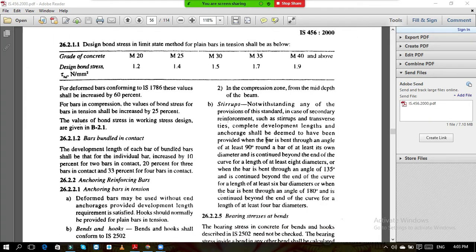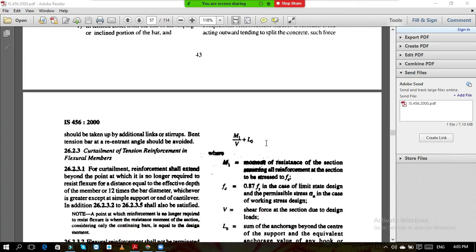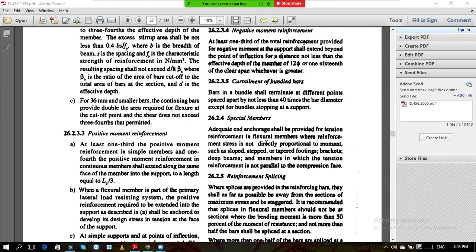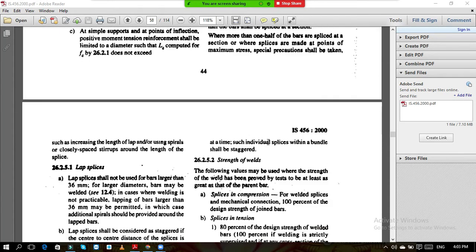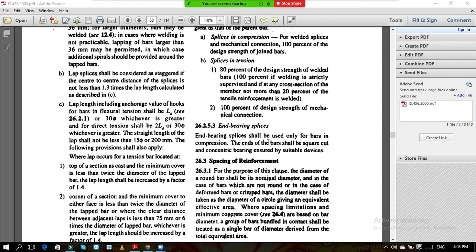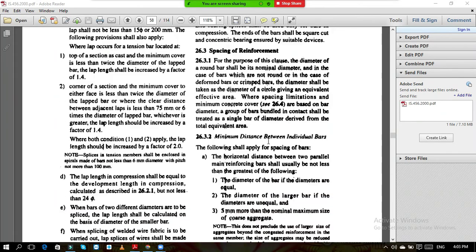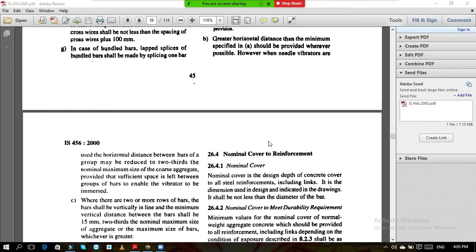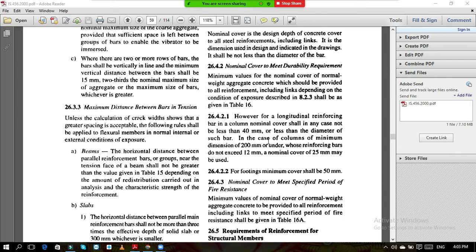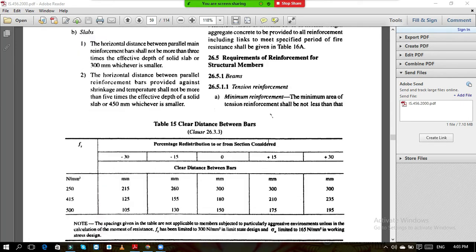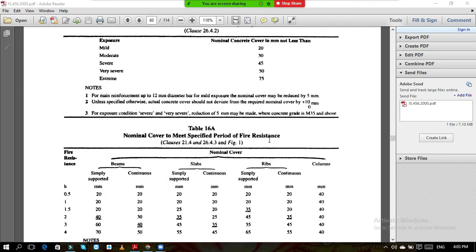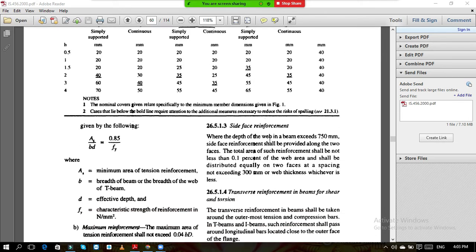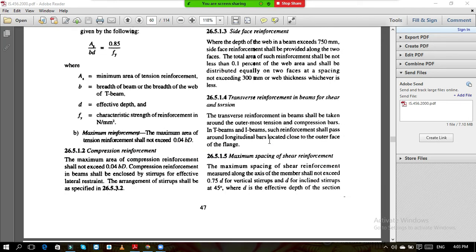I think it is given on page number 48 or 49. There is no need to memorize that. We will get all the values in the IS code. Just note down where it is given, on which page. Otherwise, whatever I am doing now will happen to you also, searching for where that clause is given.